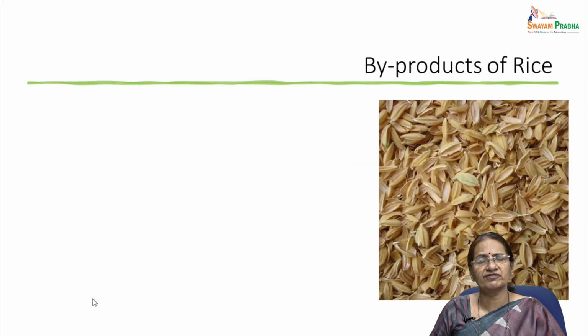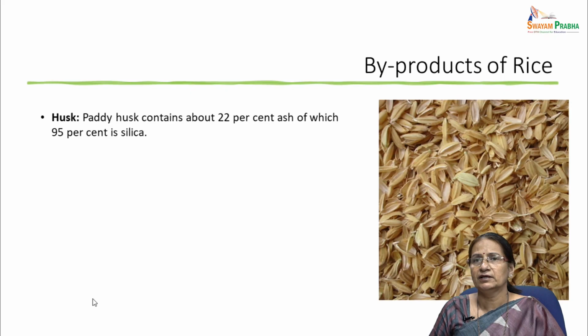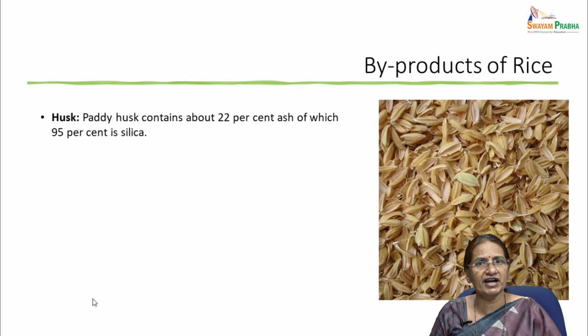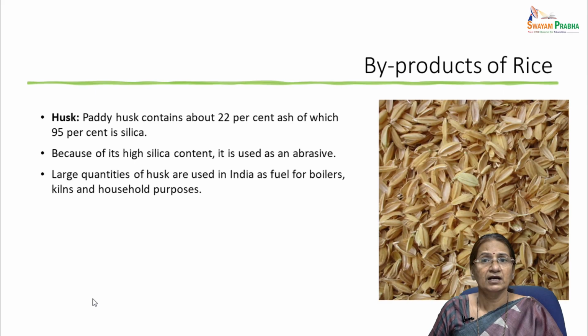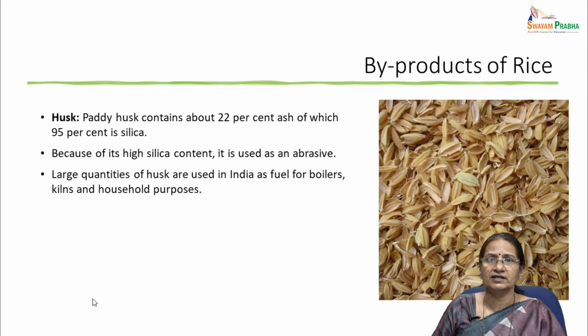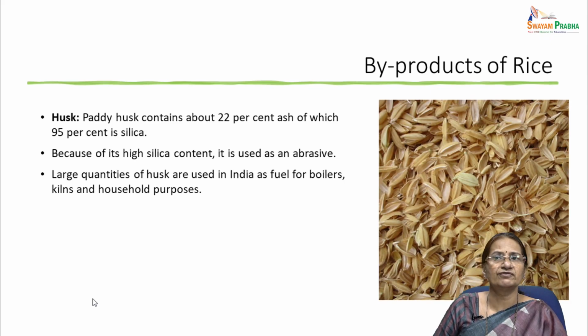Now, byproducts of rice. Husk. Paddy husk contains about 22% ash, of which 95% is silica. Because of its high silica content, it is used as an abrasive. Large quantities of husk are used in India as fuel for boilers, kilns and household purposes.